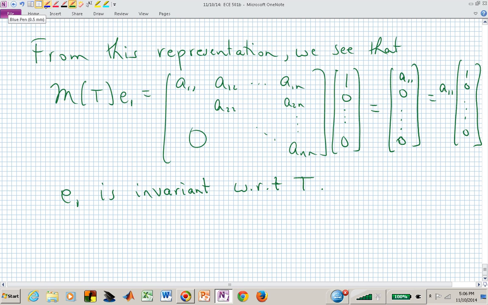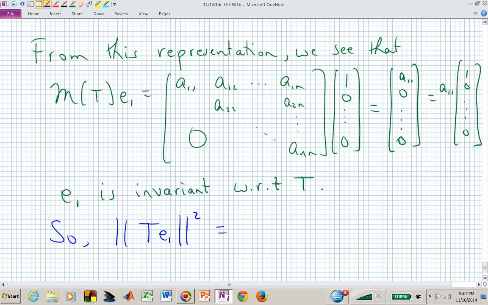If we know that this TE1 gives rise to this vector on the right, what's the norm squared of TE1? That needs to equal... well, TE1 is just this right-hand column.